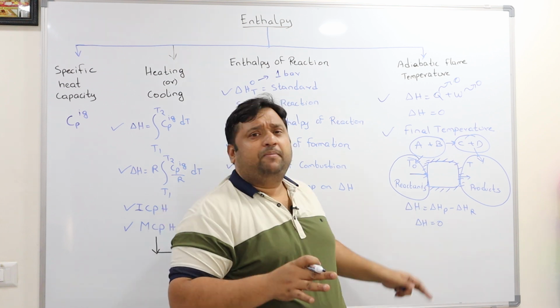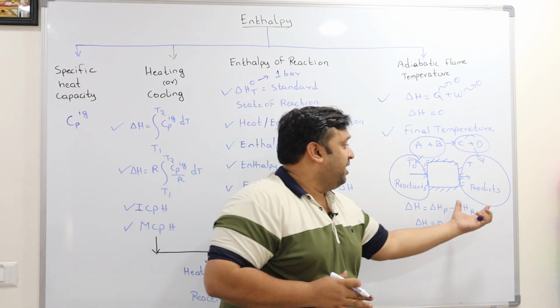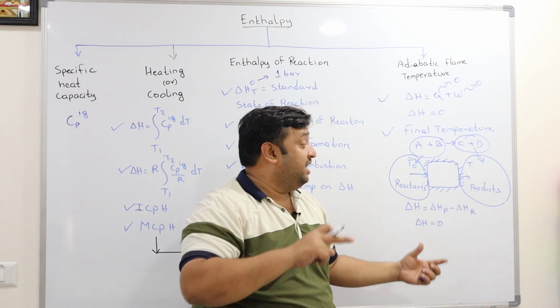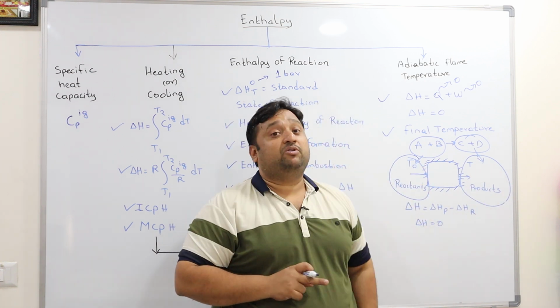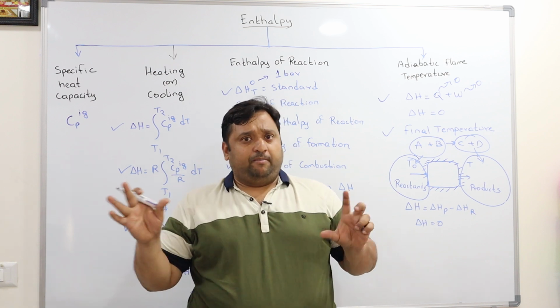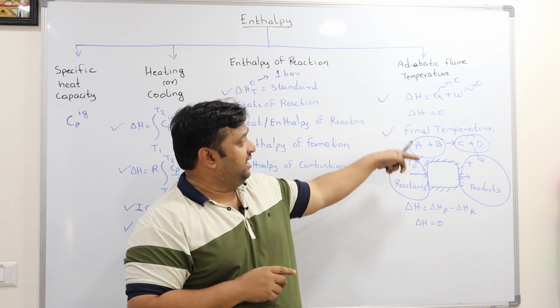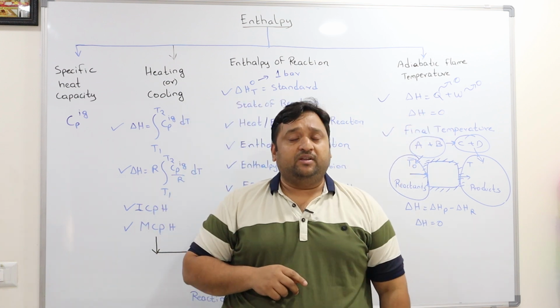What happens? The temperature is rising. That means the enthalpy of the products at temperature T will be equal to the enthalpy of the reactants at temperature T0. So if I subtract them, it will be equal to 0. That is what we can gain from this delta H equal to 0.